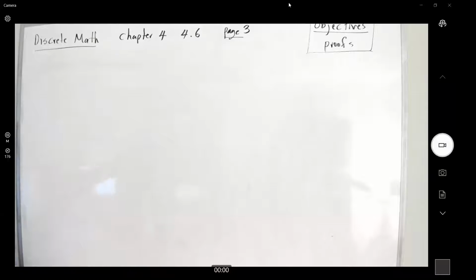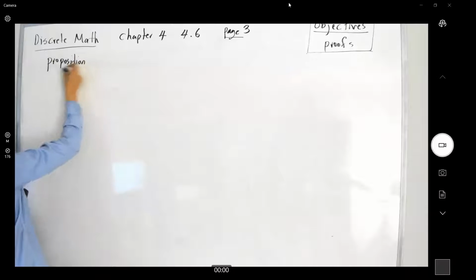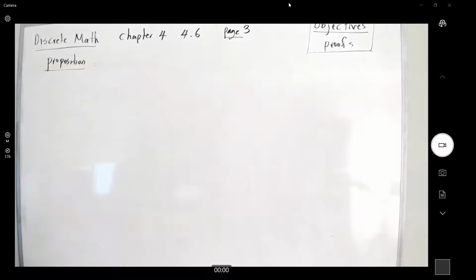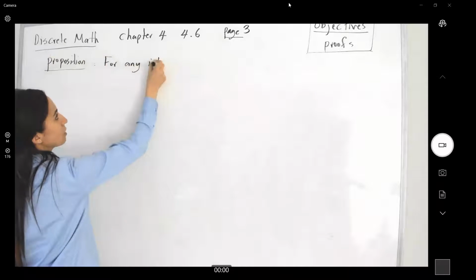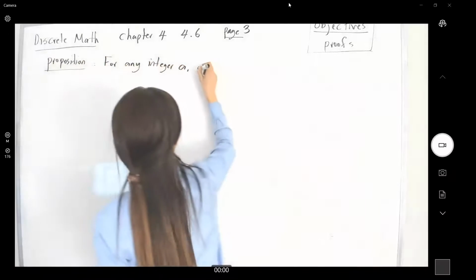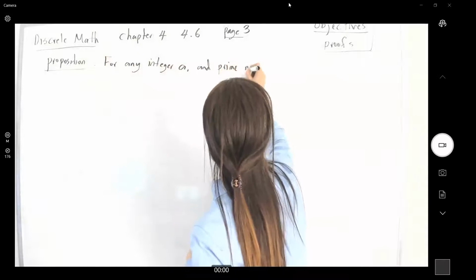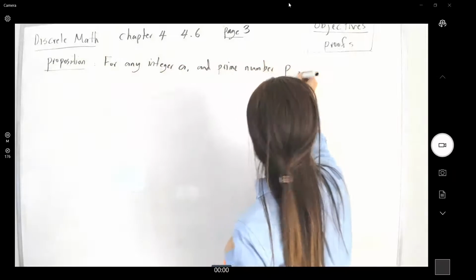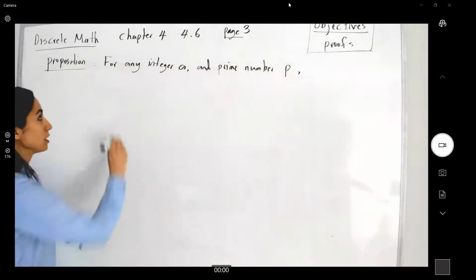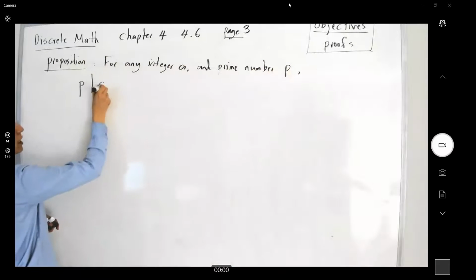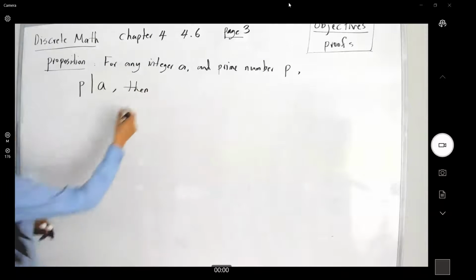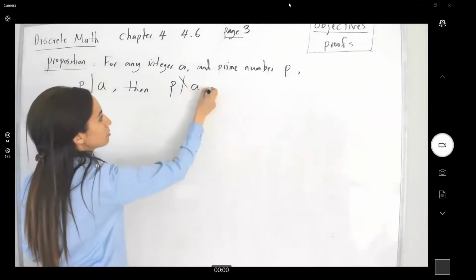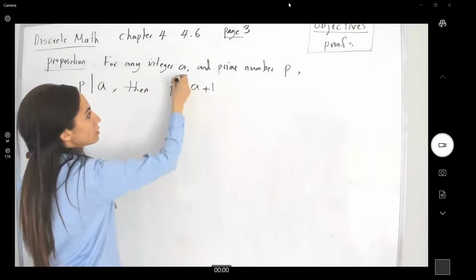The proposition says that for any integer a and prime number p, if p divides a, so if p is a factor of a, then p is not a factor of a plus 1.